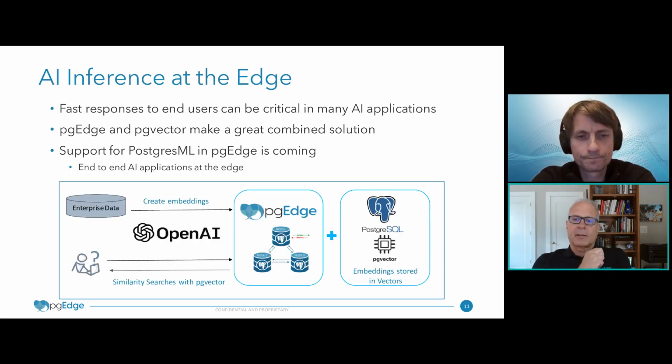Now for the exciting one, the truly exciting one: AI inference at the edge. Those of you who've been working with AI applications, LLMs in particular, know that the whole end-to-end processing can be pretty time-consuming, and you have a latency problem.